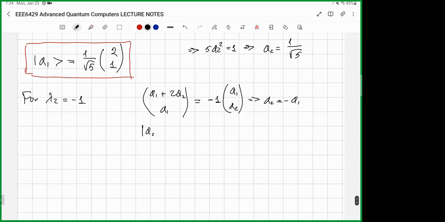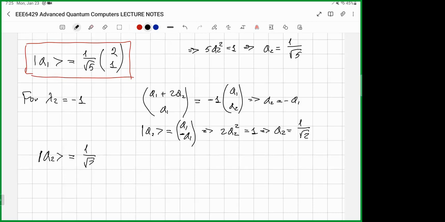So our second vector is equal to a1 and minus a1. From the normalization, 2a1 squared is equal to 1, and hence a1 is equal to 1 over square root of 2. So the second eigenvector is equal to 1 over square root of 2, times 1, minus 1. Okay.